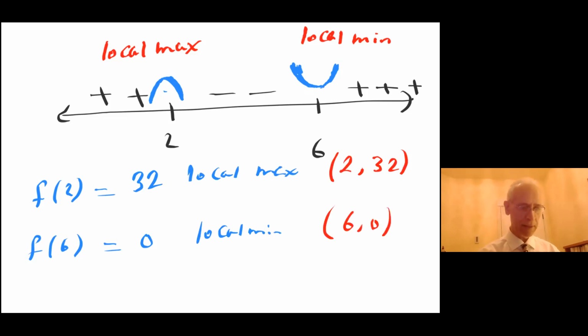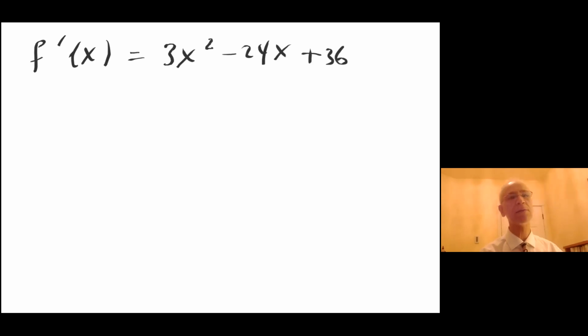So let me go ahead and find my inflection point. Go to the next page. And so we said that f prime of x, we had it as 3x squared minus 24x plus 36.